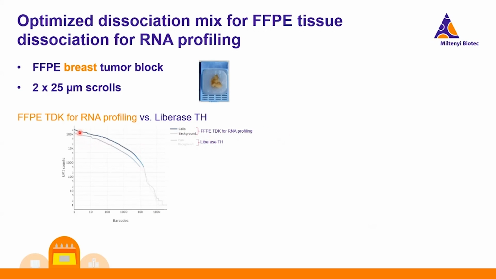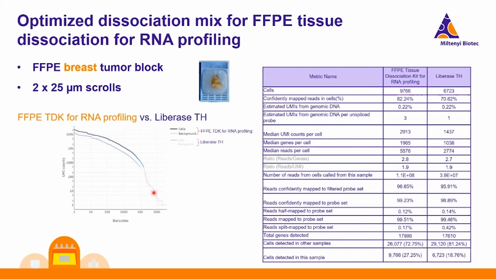First of all, you see also here a high UMI count, a steeper cliff, and also a more pronounced knee. In these FFPE samples, these are not as pronounced as in fresh samples, but this is known and this is normal.